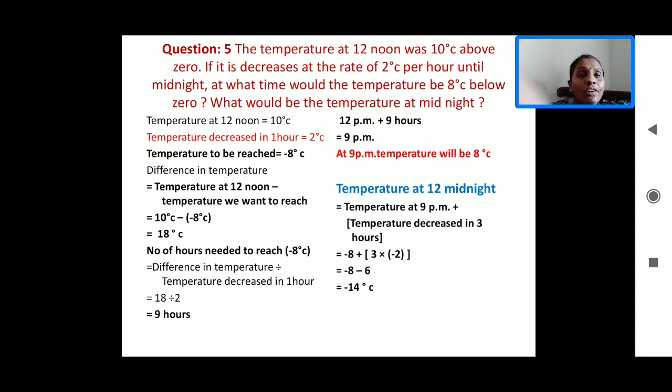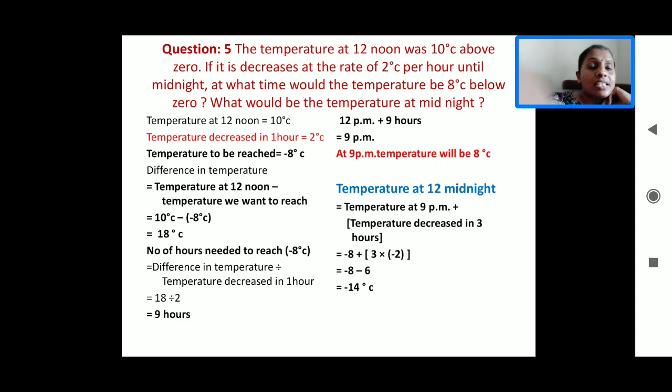Now first we will find the difference between plus 10 degrees centigrade and minus 8 degrees centigrade. The temperature at 12 noon is 10 degrees centigrade. The temperature where we want to reach is minus 8 degrees centigrade. So 10 degrees centigrade minus, in the bracket, minus 8 degrees centigrade, is 10 degrees centigrade plus 8 degrees centigrade, equal to 18 degrees centigrade.